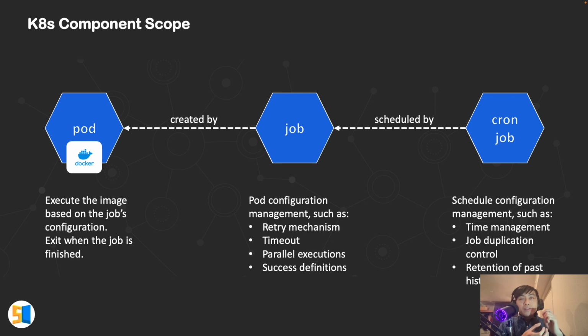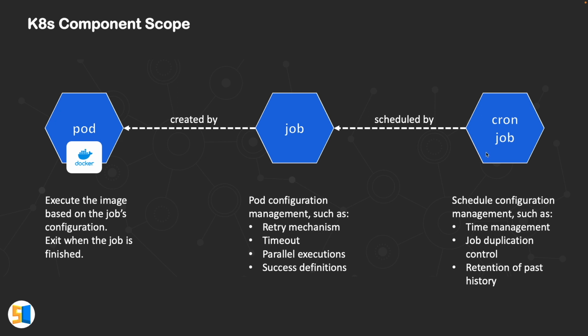And to execute the jobs with a schedule, it is the responsibility of another component called Cronjob. Right. So basically, Cronjobs manage configurations like time management, job duplication, and retention of past history.